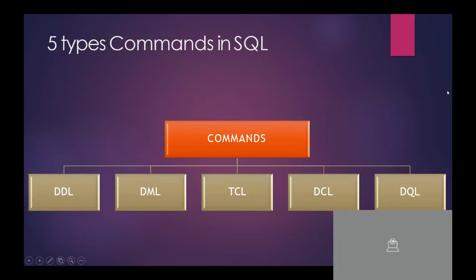These are the five types of commands in PostgreSQL. But in others like MySQL and Oracle SQL, you will only get four types: DDL, DML, TCL and DCL, and DQL is inside DCL. But in PostgreSQL, you will find DQL, data query language, separately.